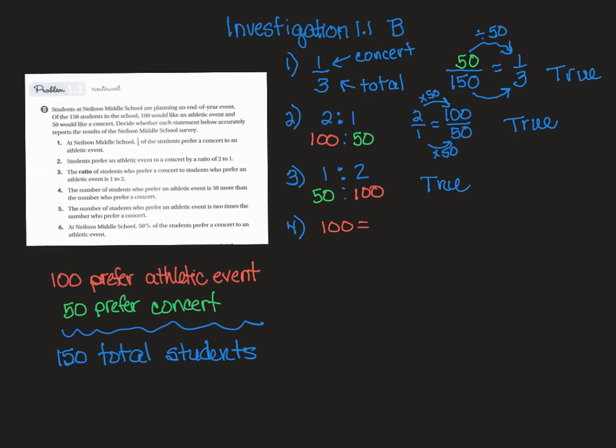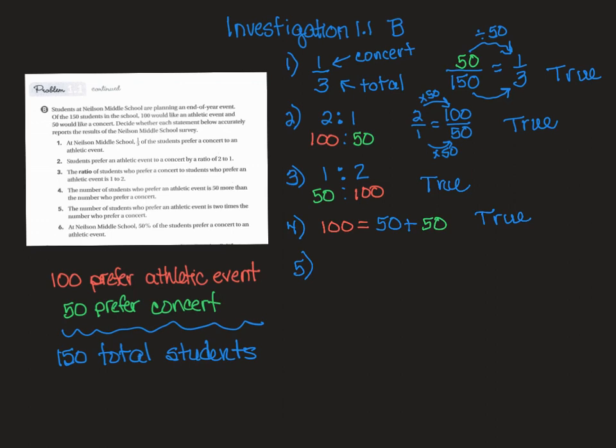Is that equal to 50 more than the concert people? Well, yes, because we know 50 plus 50 is 100. So that is true, okay? And so we need to make sure that we're remembering more than, right, is adding. Okay, number 5.